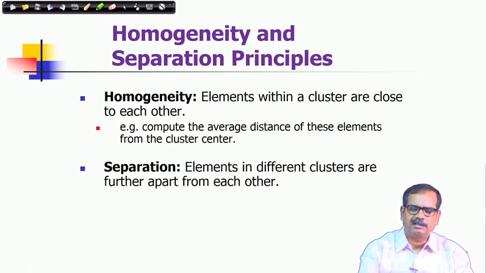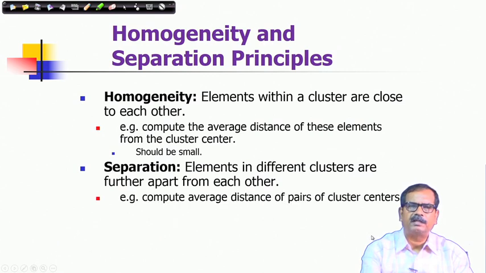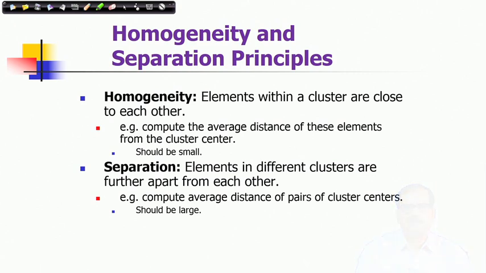If this distance is small, then the cluster is good, it has good homogeneity property. Whereas, the separation property means elements in different clusters should be farther apart from each other. In this case, you may compute the average distance of pairs of cluster centers, and those centers should be placed apart. So this distance should be large for having a good separation property.